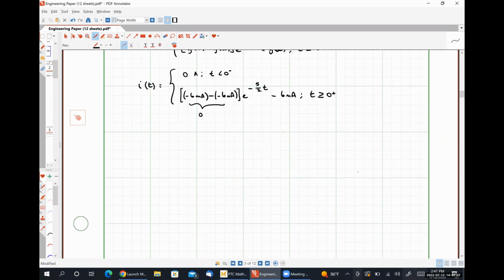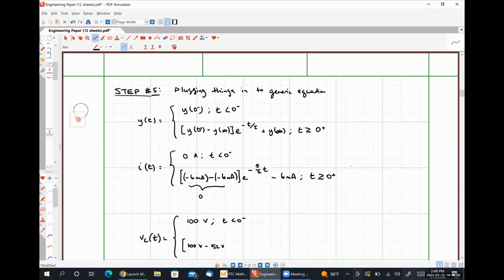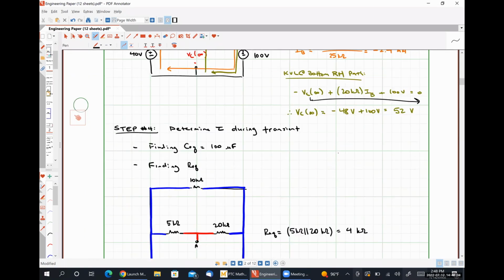Our capacitor voltage is going to be 100 volts for t less than 0 minus. And then it is going to be 100 volts minus 52 volts. Let me just double check that value here. It's been a minute.